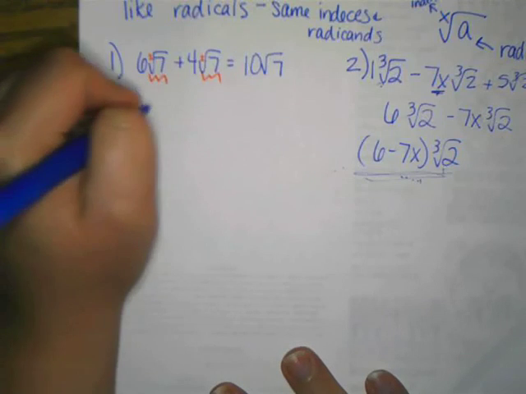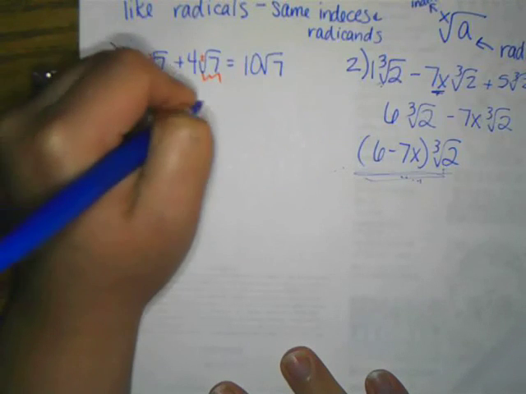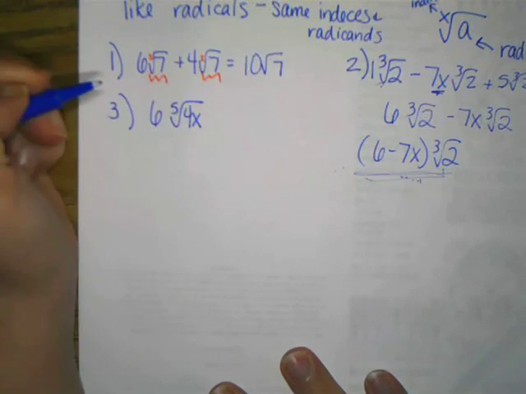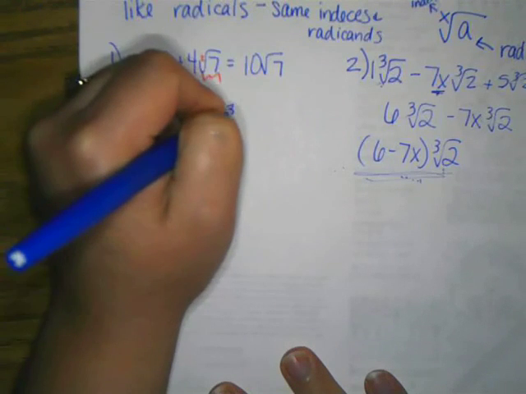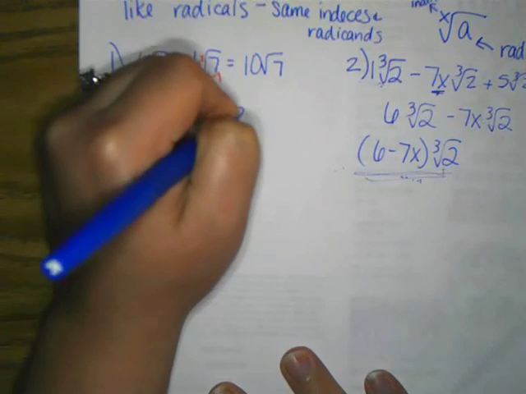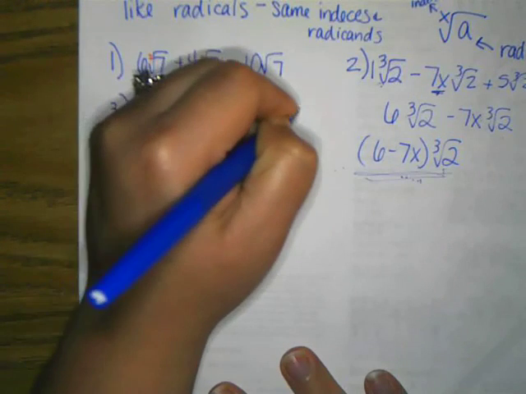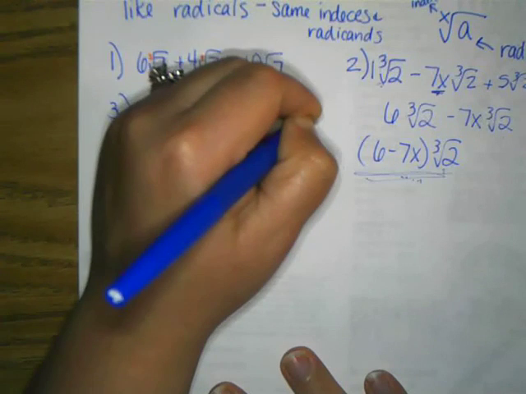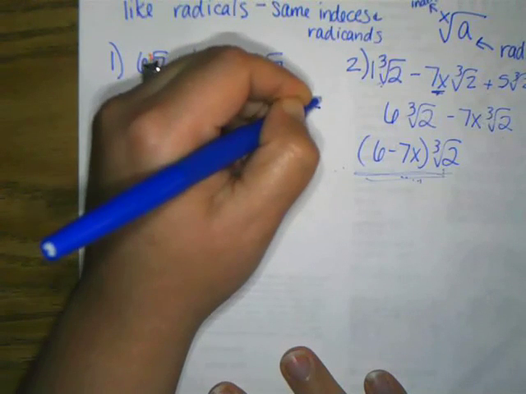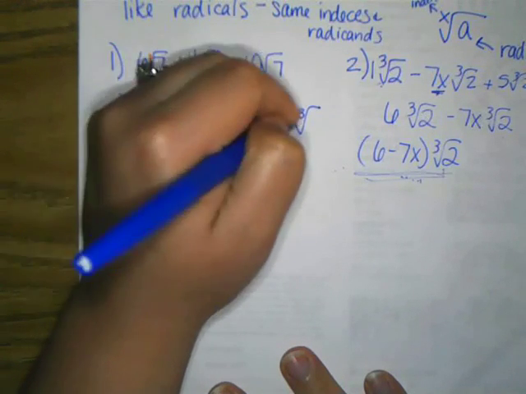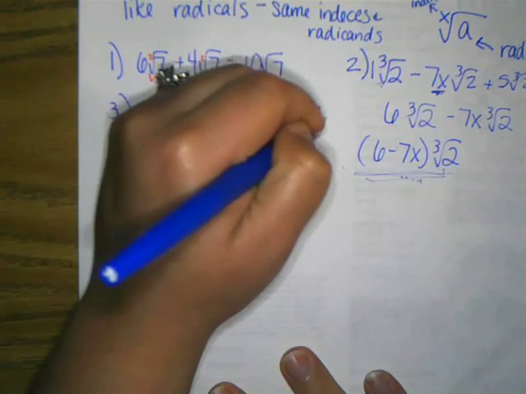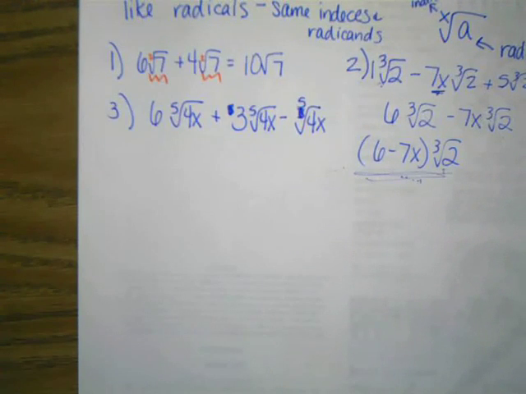So let's try number 3. 6 fifth root of 4x plus 3 fifth root of 4x minus the fifth root, excuse me, of 4x, minus one of them.